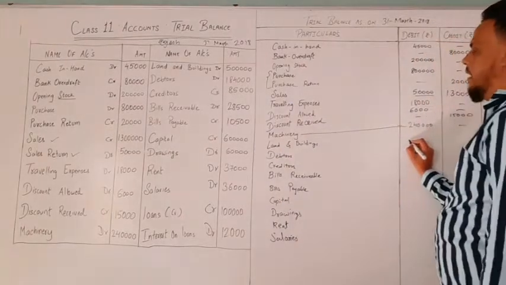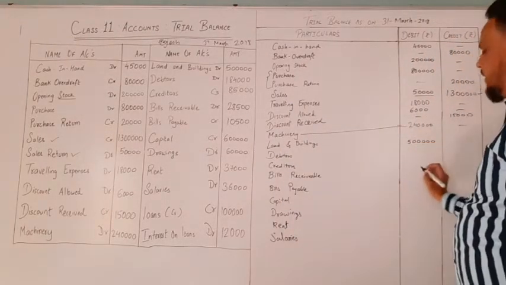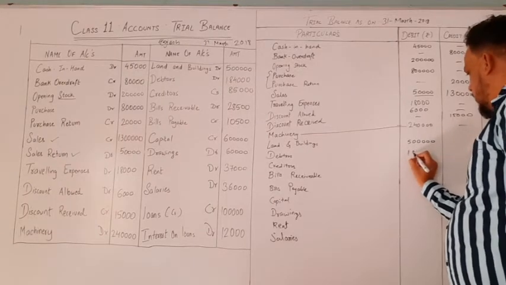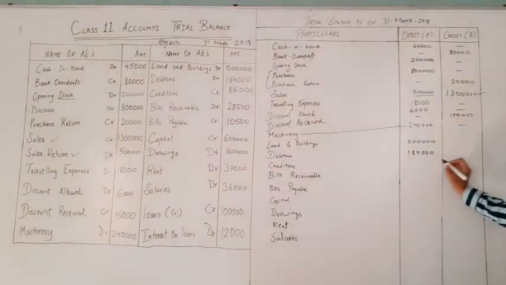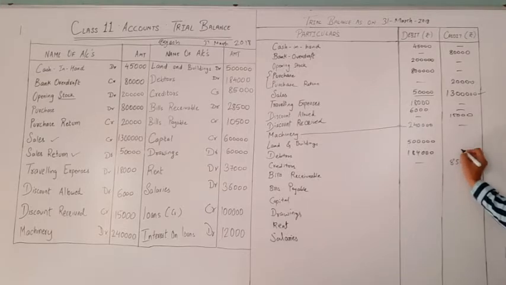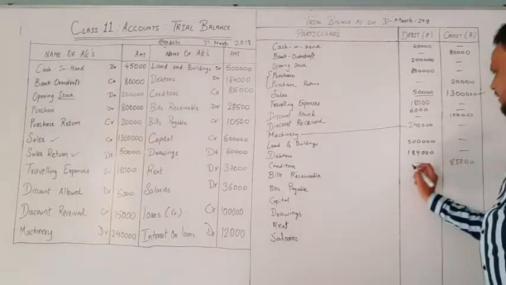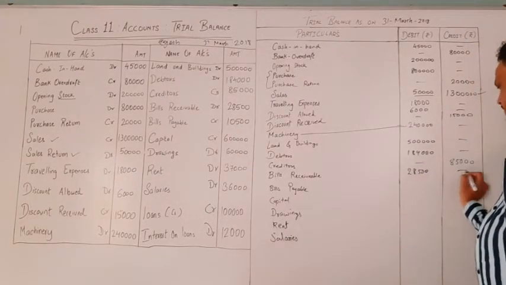Land and building amount is 5 lakh. Debtors is 184,000. Creditors is 85,000. Then bills receivable is 28,500.